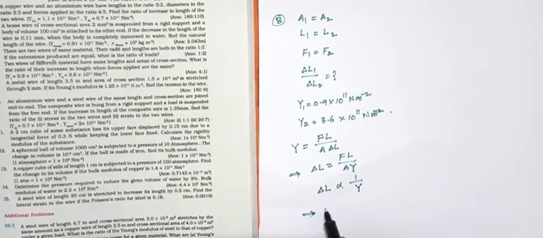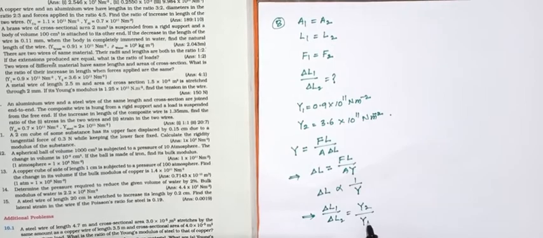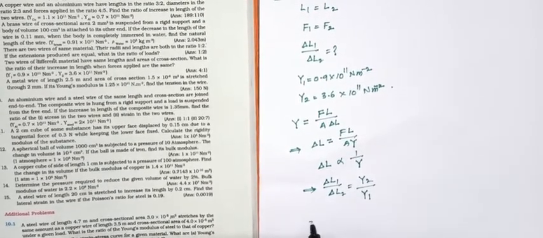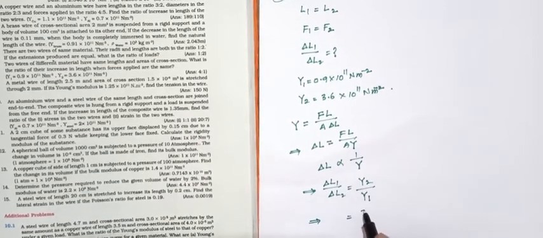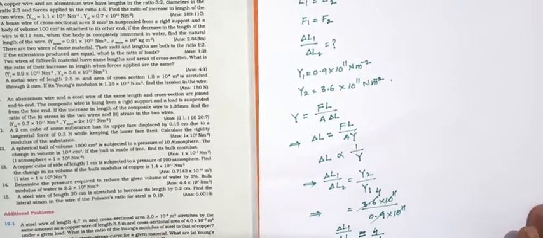Then we can directly write delta L1 by delta L2 equals Y2 by Y1, equals 3.6 into 10 to the power of 11 divided by 0.9 into 10 to the power of 11. 10 power 11 cancels, so 0.9 ones are 0.9, fours are 3.6. So the ratio delta L1 by delta L2 is 4 by 1.